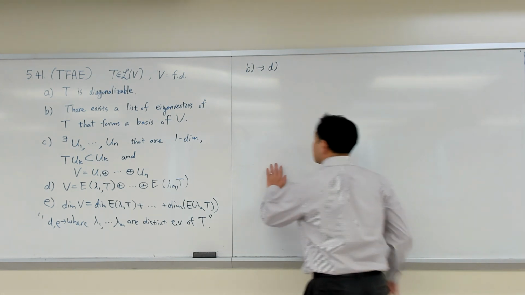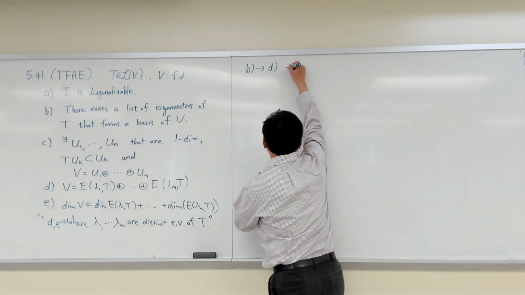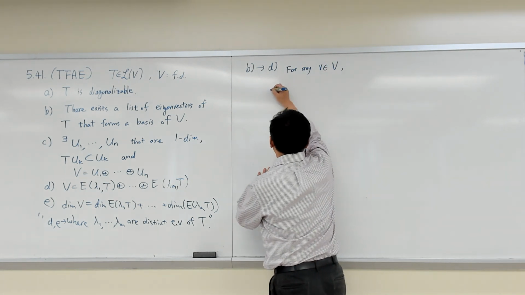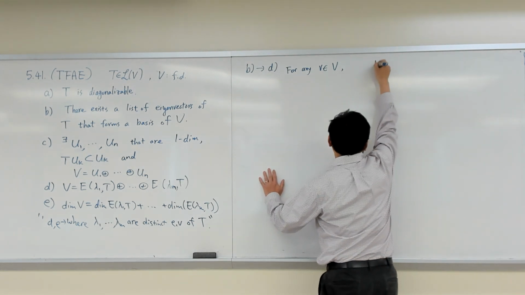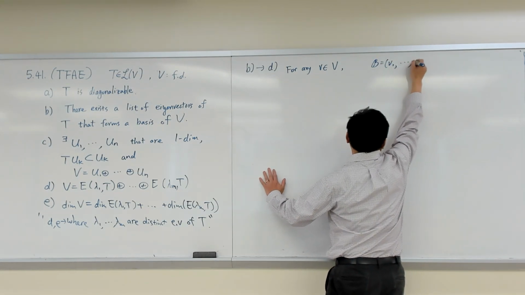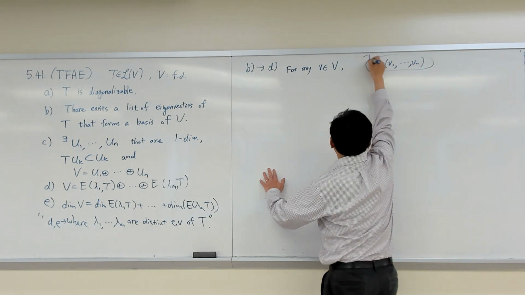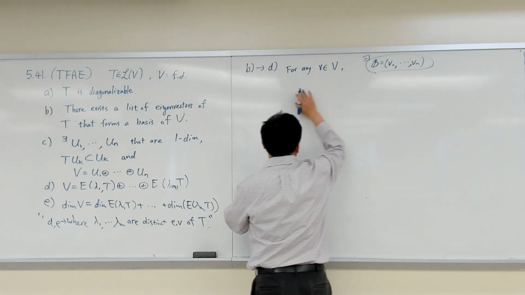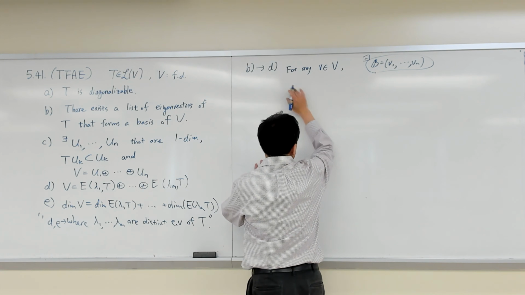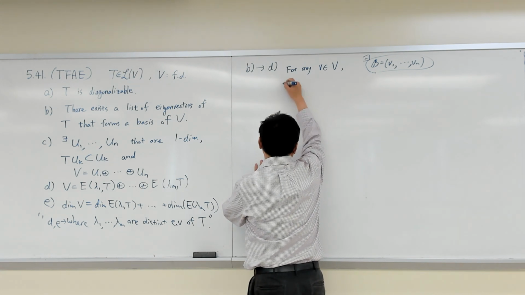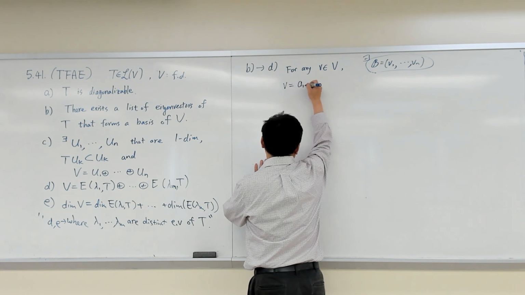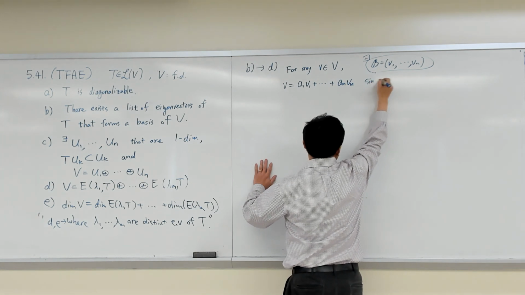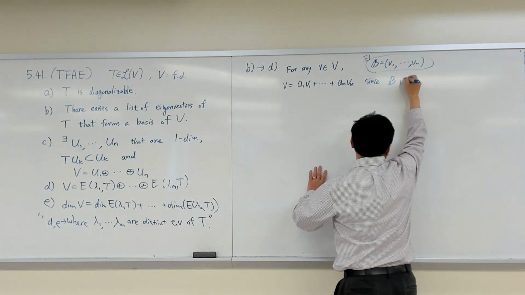Well, for any V in V, because we're assuming the basis B, that's our given. Since we already have a basis V1 through Vn of eigenvectors, we know that V is equal to A1 V1 plus ... plus An Vn, since B is a basis.